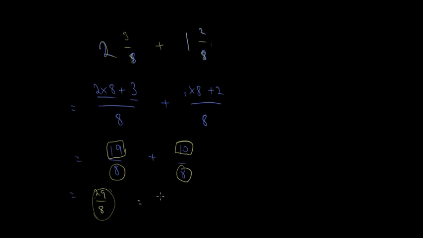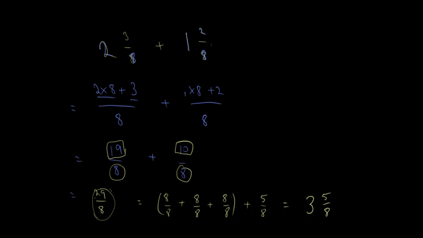Now, how do you express it as a mixed number? Well, how do you make up the 29? Well, you could say you've got 8/8 plus 8/8 plus 8/8. 8 plus 8 plus 8 is 24. We need 5 more, don't we? 5/8. You have 3 whole numbers there. So that's 3 and 5/8.